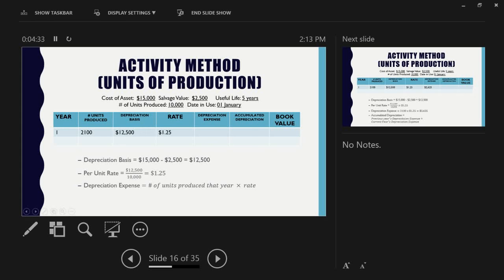So now how do I calculate my actual depreciation expense? We take the 2,100 times $1.25.